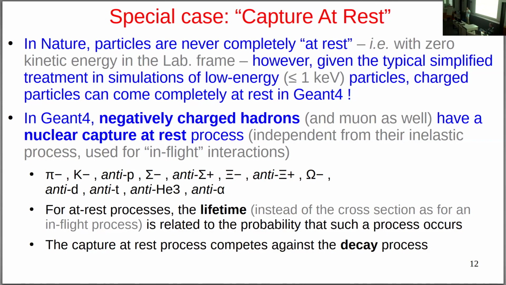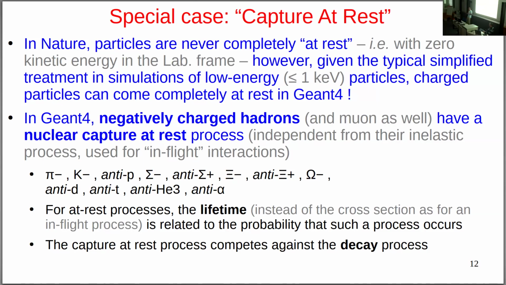When things are at rest, there is no concept of cross-section any longer. What matters is the so-called lifetime. What is happening for negatively charged hadrons like pi minus, K minus, antiproton, and so on, is that there is some lifetime when they are at rest after which the surrounding nuclei somehow suck them in.